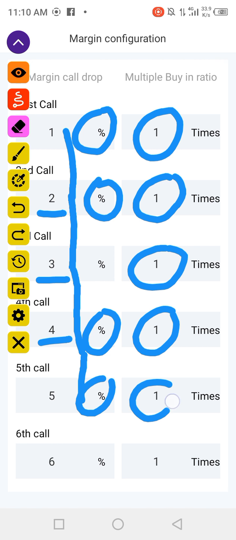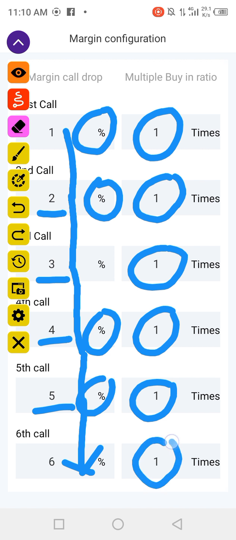Buy another one for me. If it drops again from here, 6%, all right, buy another one for me. Making 15 plus 6, 21% total. So this coin is permitted to buy up to a maximum 21% drop, and it has covered the positions.